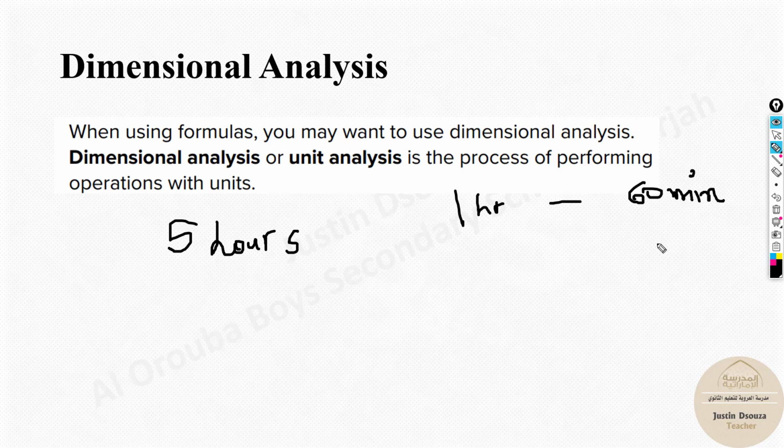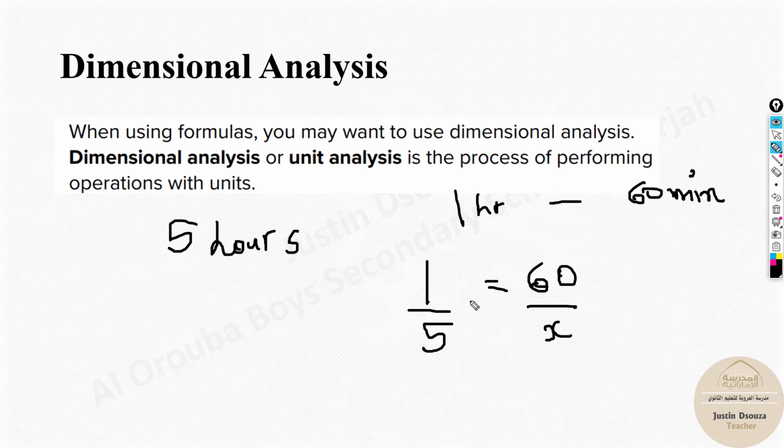We did this in the last lesson, giving the relationships, proportions. 1 hour equals 60, but you need to divide by the respective hours. 1 by 5 equals X. How many minutes is it converted? This is what we had done in the last class.